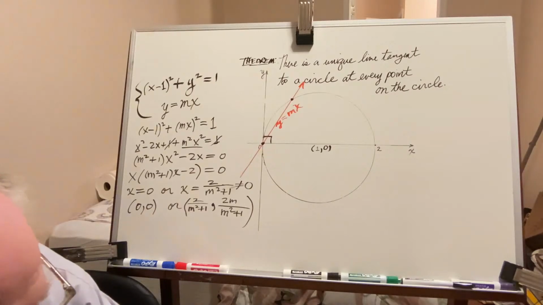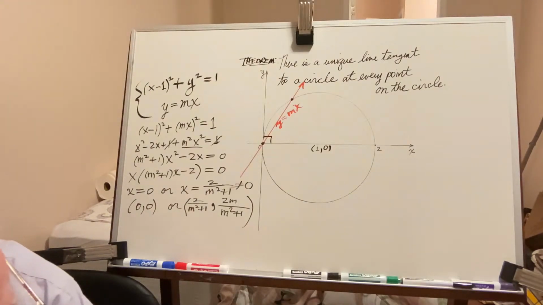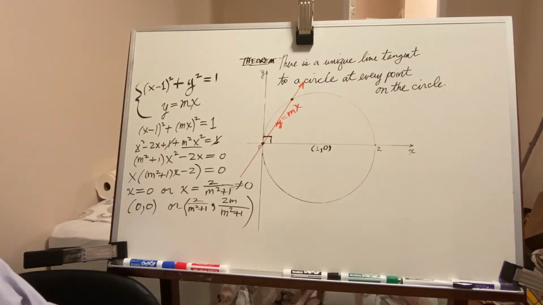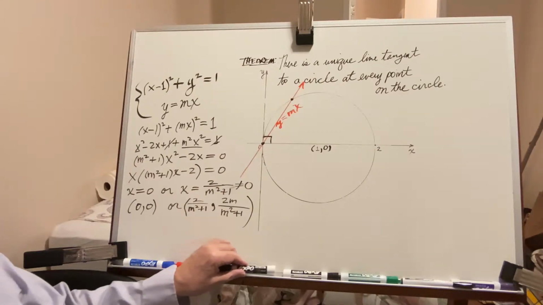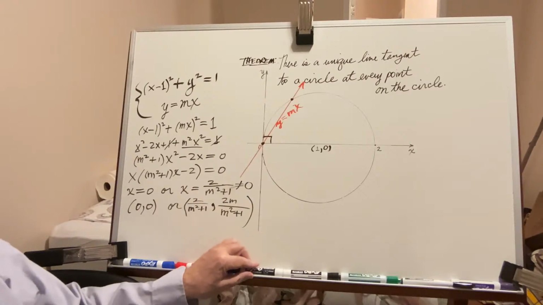So that's how we show here, using the methods of Algebra 1, that we have a unique tangent.